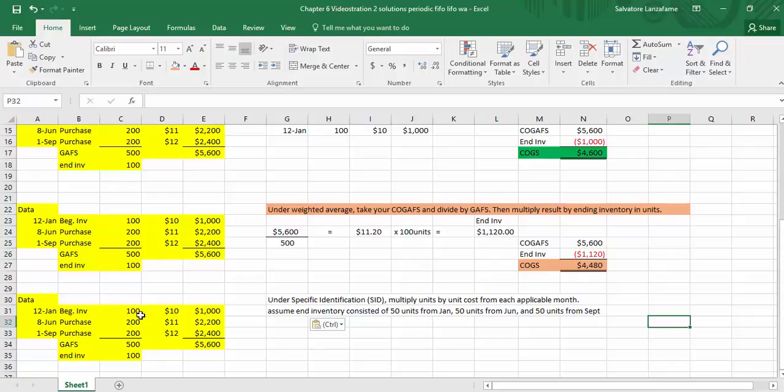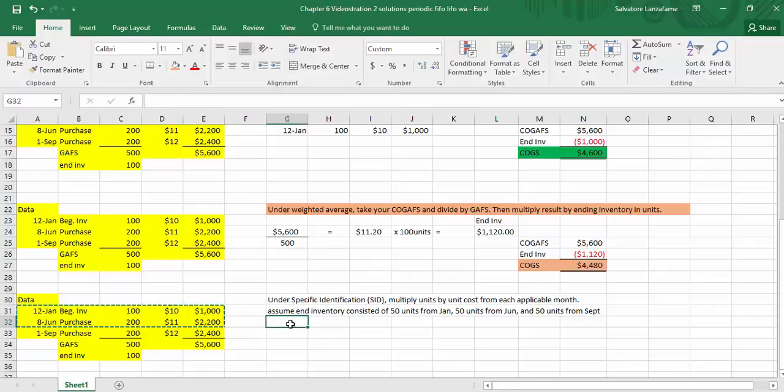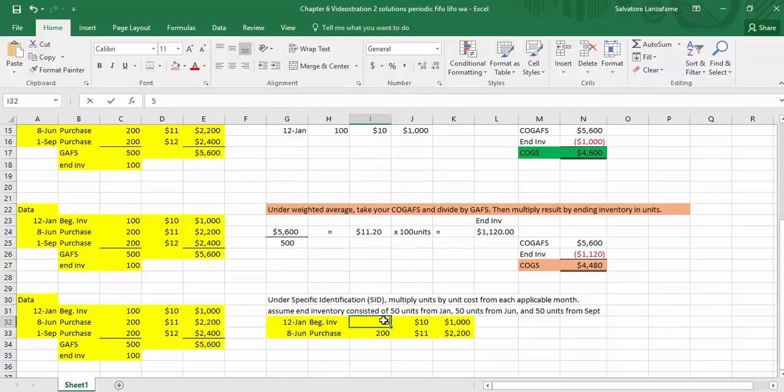So you would simply take your information. I'm just going to copy this and then change the numbers. Put it right here. And let me change this to 50, and then change this to 50. So of the 100 units that are in ending inventory, 50 of them came from January, and the other 50 came from June.